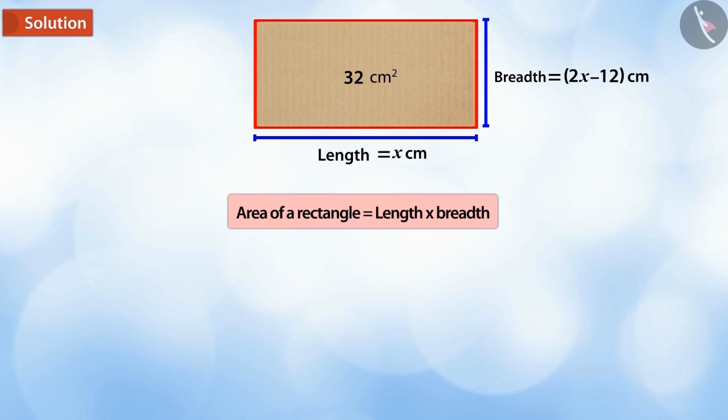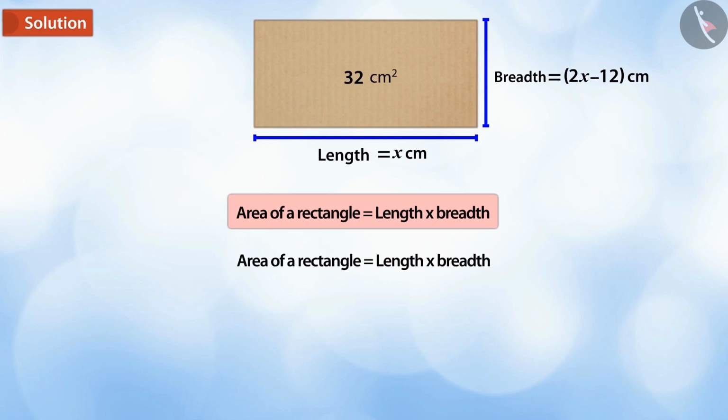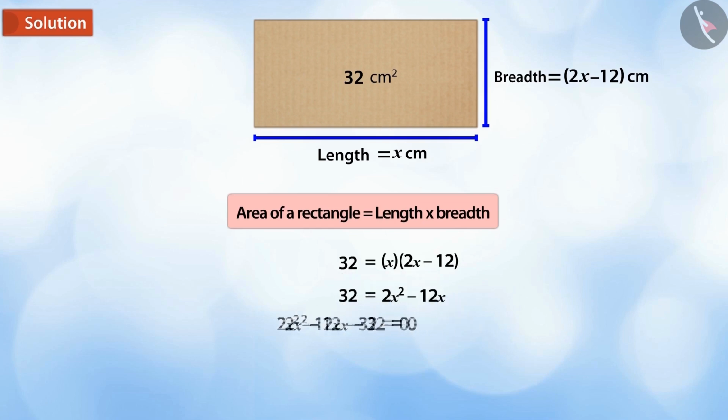Here, the area of the box is given as 32 square centimeters. Putting all the above values in the formula of area, we get 2x square minus 12x minus 32 is equal to 0.